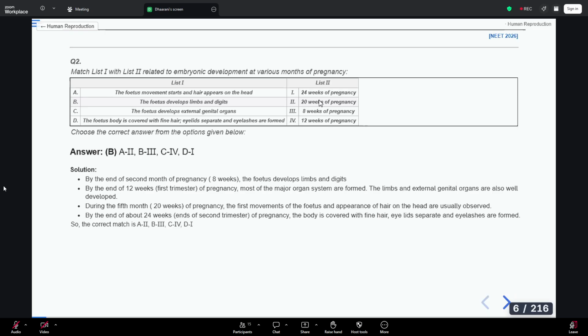The fetus will be fully developed and ready for delivery. So that will happen during the ninth month, during 37 to 40 weeks. Okay, so clear? Let's see the next question.